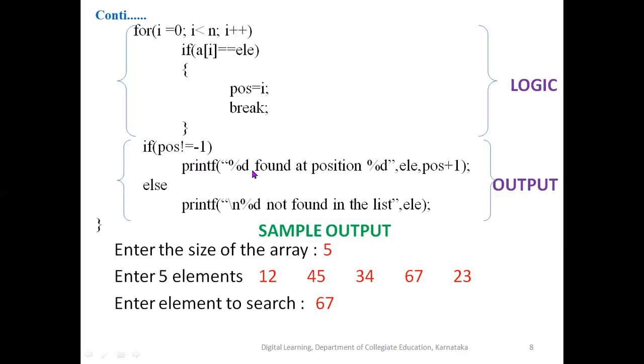The first %d is replaced by ELE, which is 67, and the second %d is replaced by pos plus 1. So pos is 3, 3 plus 1 is 4. So the output is going to be displayed as 67 found in position 4. Now, suppose none of the elements in the list matched with the search element, then the message to be displayed is that the element is not found in the list.